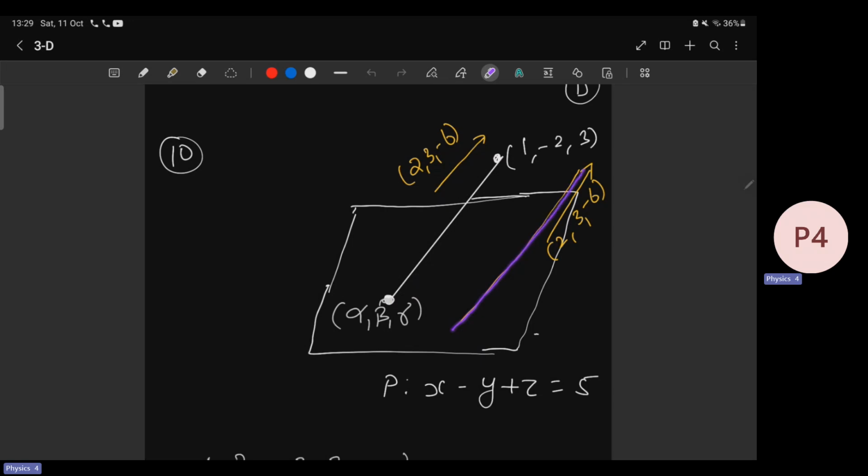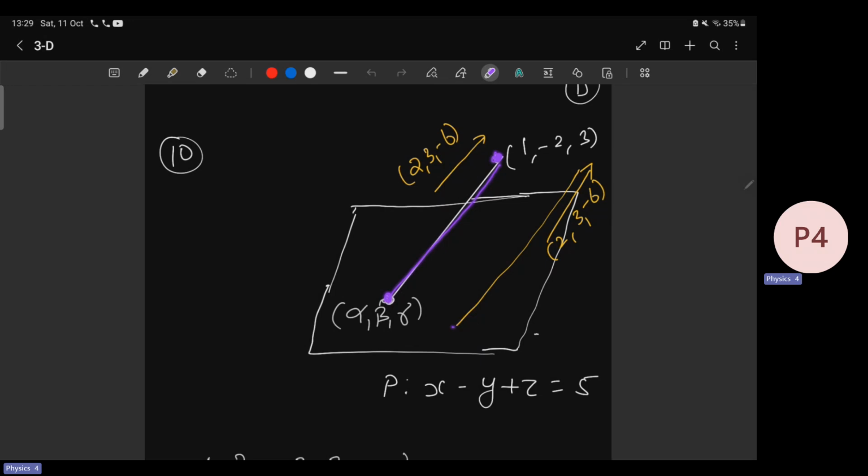Suppose this is the line, that is x upon 2 equals y upon 3 equals z upon minus 6. This is the line. Its direction ratios are 2, 3 and minus 6. We have to find the distance of this point from this plane along this line.